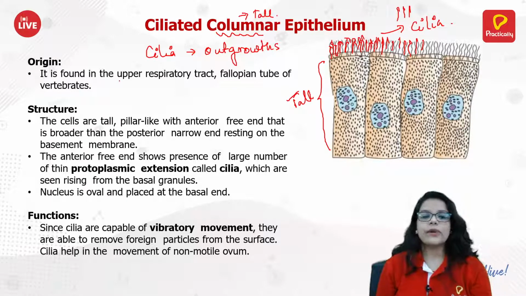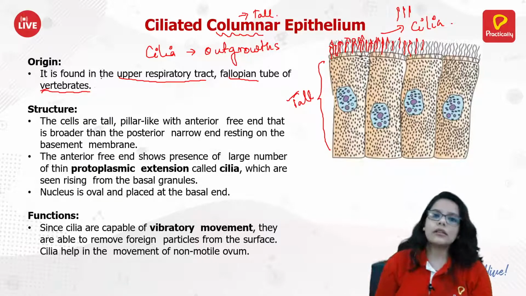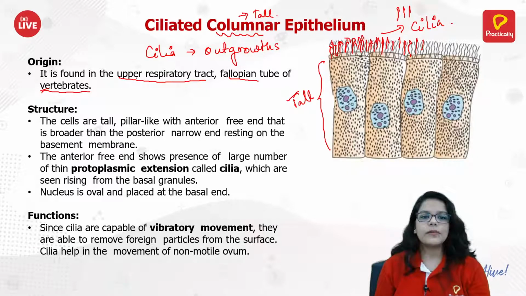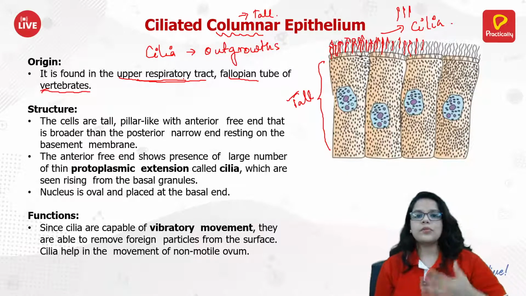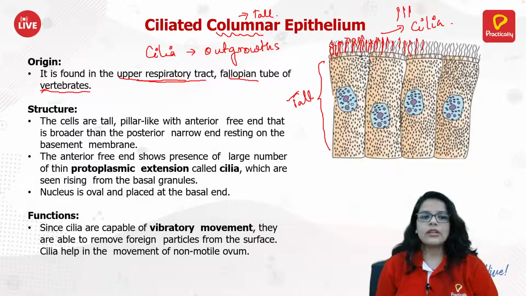Okay, so it is found in the upper respiratory tract and fallopian tube of the vertebrates. Fallopian tube, as in the females might have it, and our upper respiratory tract might have it. Cells are tall, pillar-like, with the anterior free end broader than the posterior narrow end.